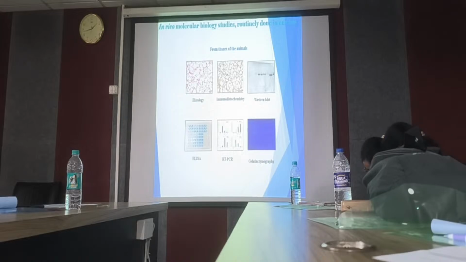Third one is Western blot, so we are checking which protein has responded after treatment, before treatment, after infection, before infection. All these studies we performed by isolating the tissues from the organism.